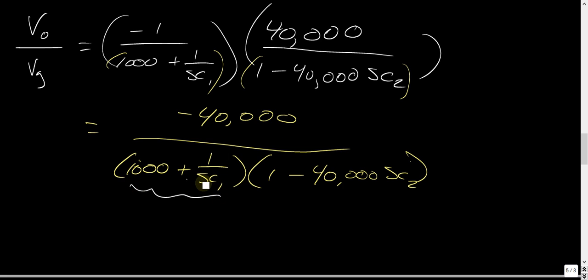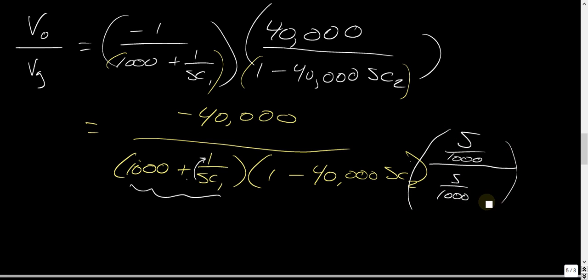How can I get this S up here and all by itself? So in order for me to do that, I need to multiply by S over 1,000 over S over 1,000. Okay, so this is going to multiply to the top, and this is going to multiply to this bottom here, and S will be all by itself in this part.